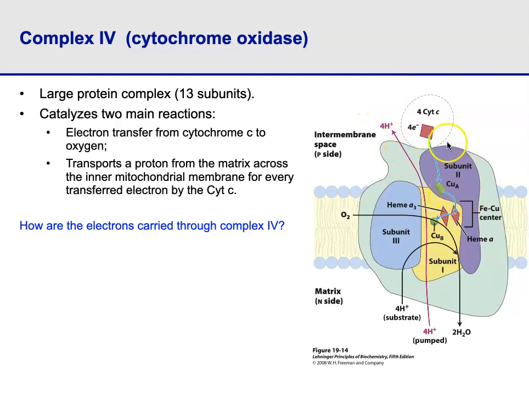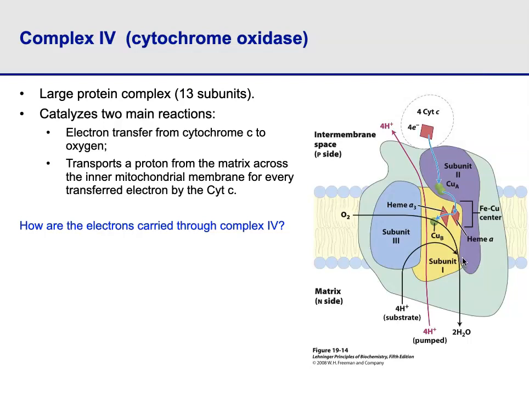Now, the electrons are transferred from cytochrome C to a protein that contains copper ions, and then from there to iron-copper centers, and then eventually they reach the oxygen that gets reduced to water.